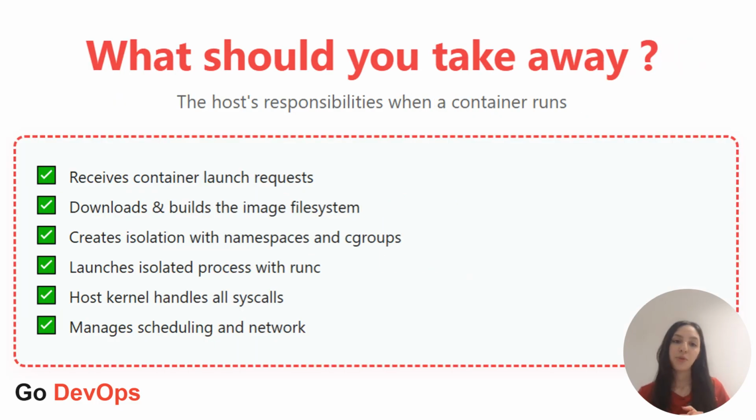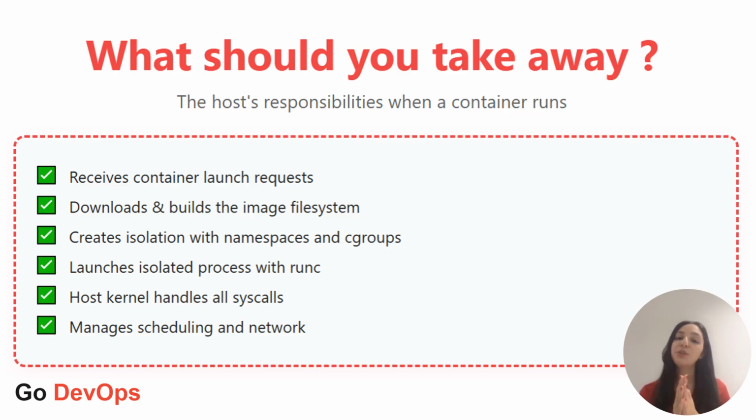What you should take away from this video is that when you run a container, it's not some little box magically working on its own. It's the host that does all the heavy lifting. The host receives the launch request, downloads and reconstructs the image file system, configures isolation with namespaces and cgroups, and then starts the process with runc.